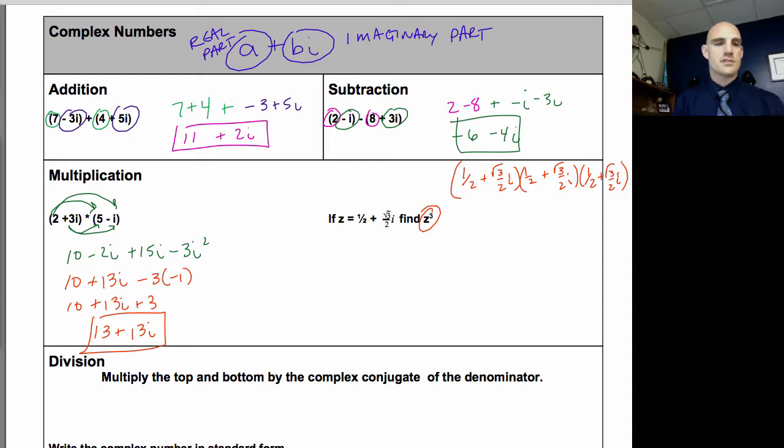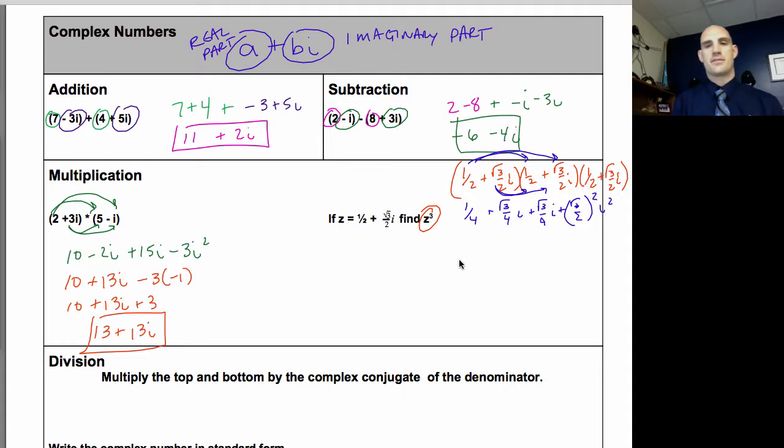When I use it as a factor twice, I end up with 1/2 times 1/2, which is 1/4. I end up with plus root 3 over 4i, plus another root 3 over 4i, and I end up with root 3 over 2 squared, i squared, for my first two terms.